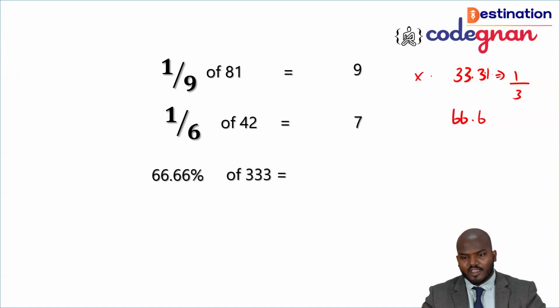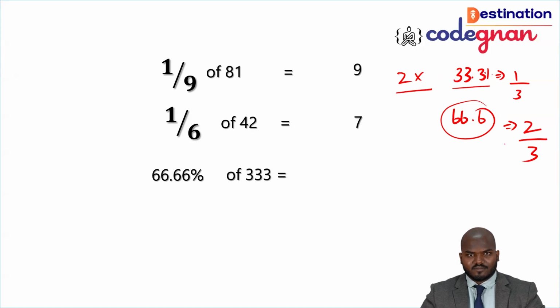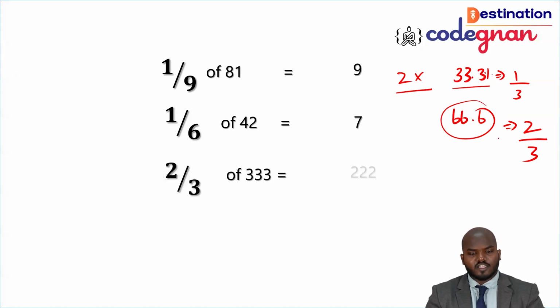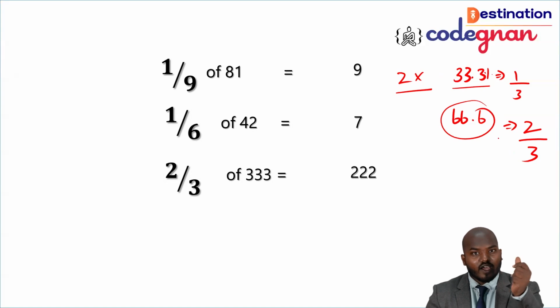If I multiply 33.33 by 2, I get 66.66. Then this value becomes 2 by 3. If I cancel, I get 222. This is how the fraction makes you solve the decimal in a fraction of a second. That is why it is called the fraction.